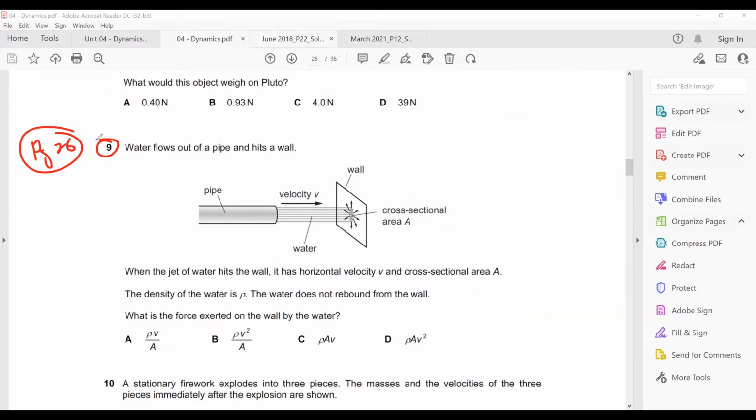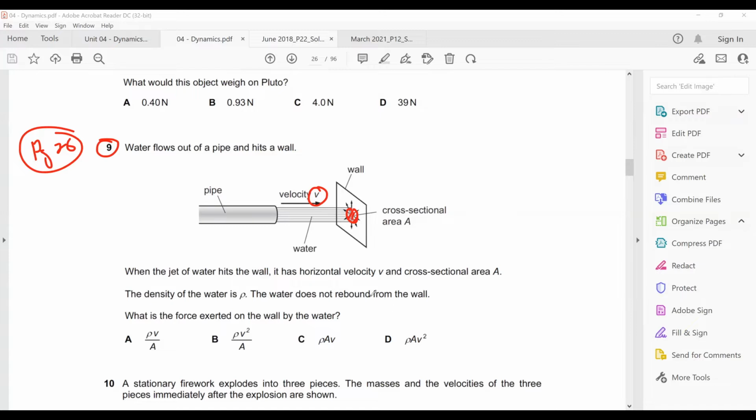Now, water flows out of a pipe and hits a wall. When the jet of water hits the wall, it has a horizontal velocity of v and a cross-sectional area of A, which is this one here. Okay. The density of the water is rho.